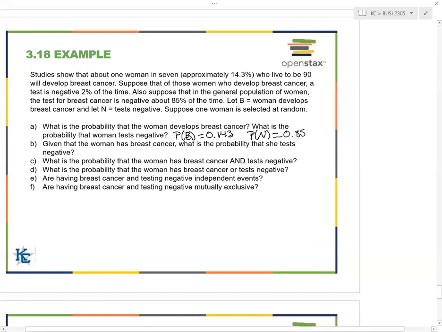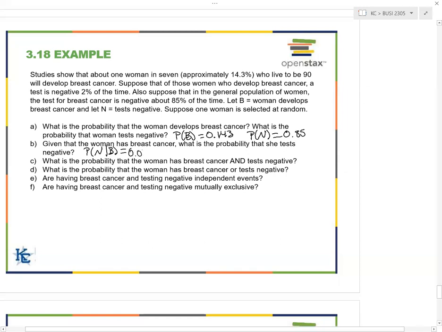Given that the woman has breast cancer, what is the probability that she tests negative? We want the probability that she tests negative given that we know she has breast cancer. It says that of those women who develop breast cancer, a test is negative 2% of the time.